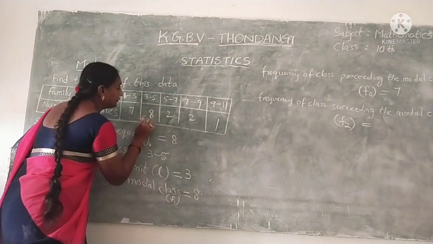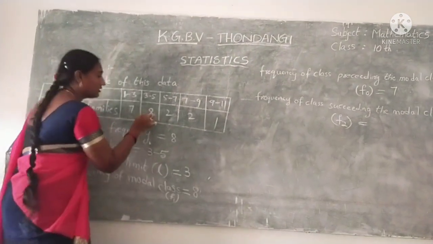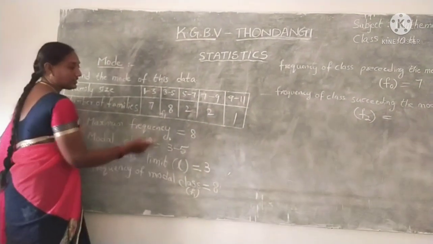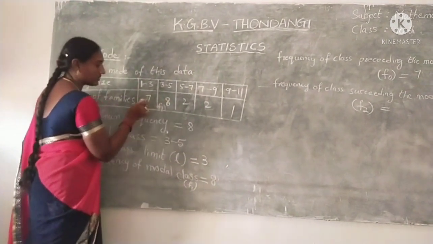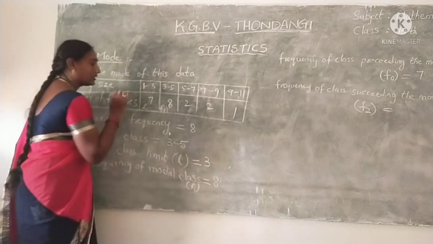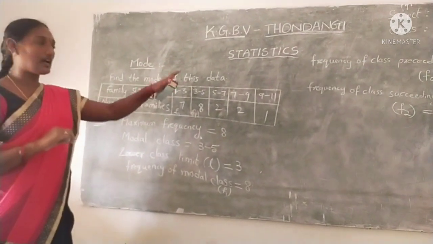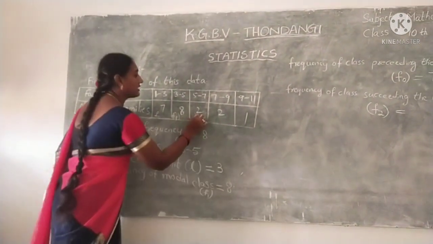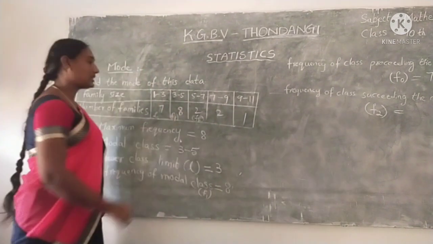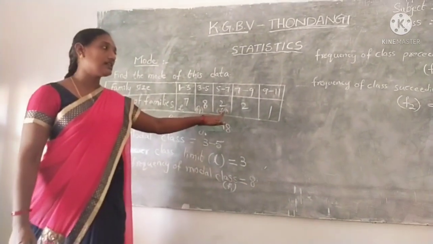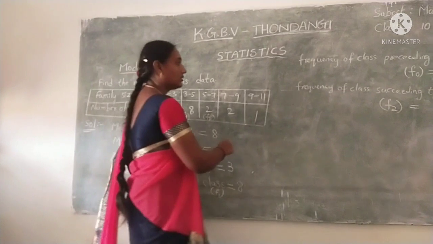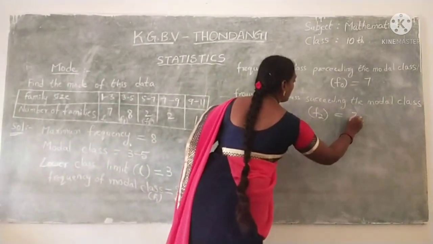This one is F1, the frequency of the modal class, this one is F0, the frequency of the class preceding the modal class, and this one is F2, the frequency of the class succeeding the modal class.